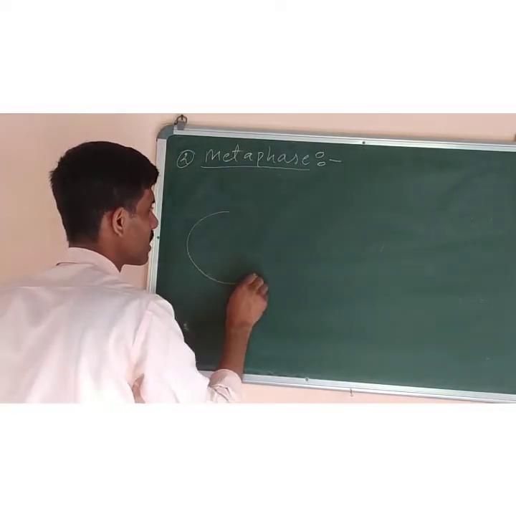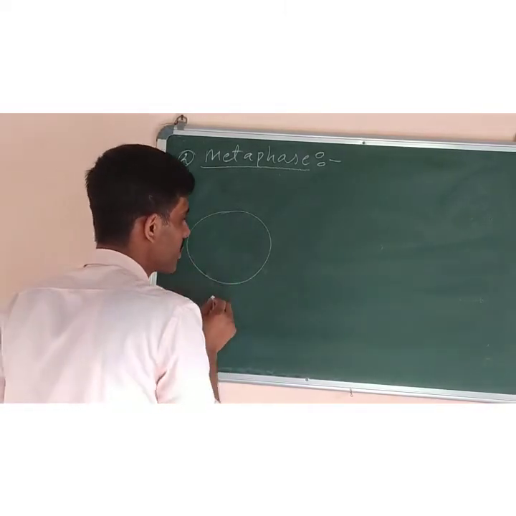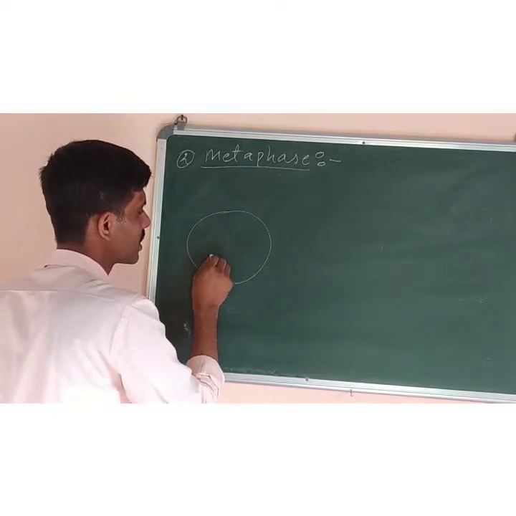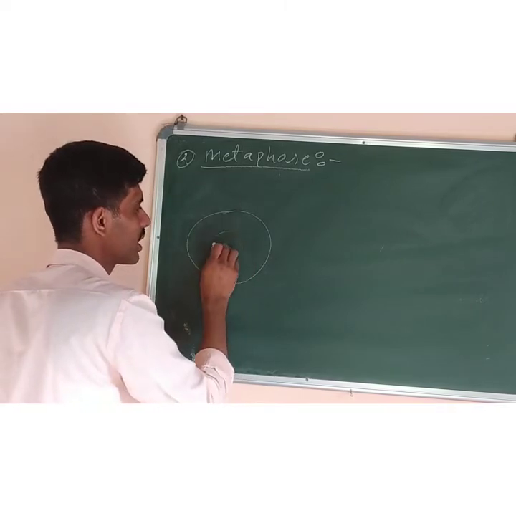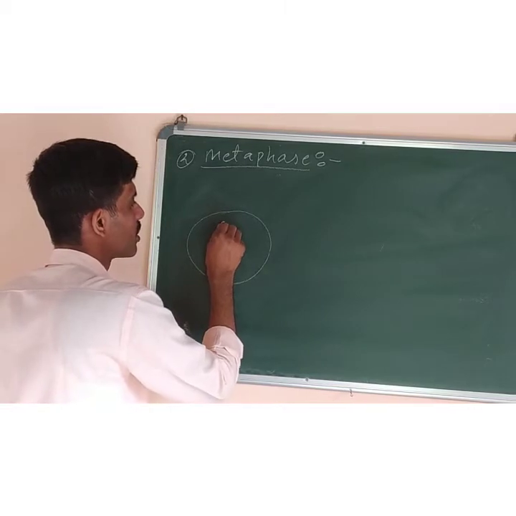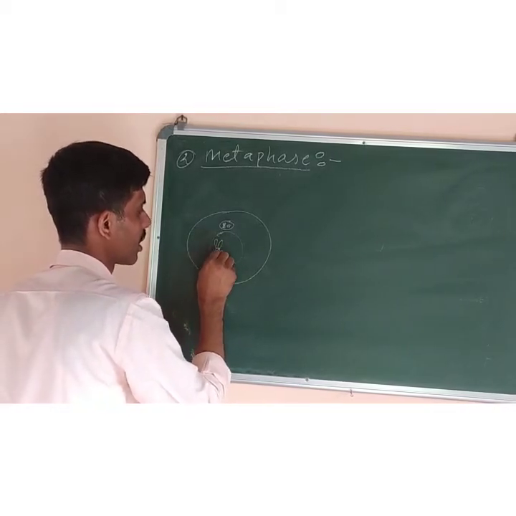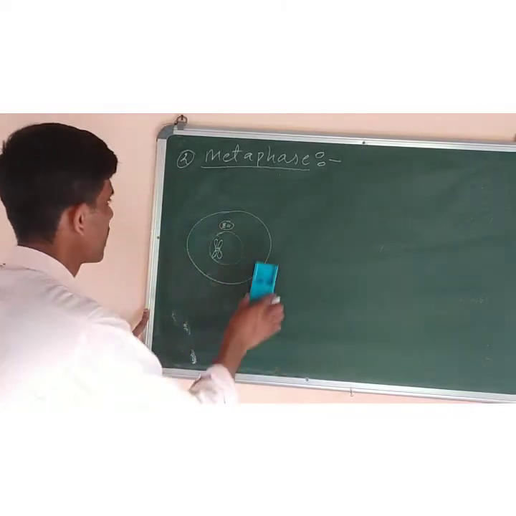If this is the cell membrane, now there is nuclear material. The nuclear membrane has already disappeared, so only the nucleus is there. Membrane is lost, already gone. I said the nucleolus also disappeared, and the centrioles are there towards the opposite poles. Okay, so all the chromosomes, I'll try to make it bigger so that you can see clearly.